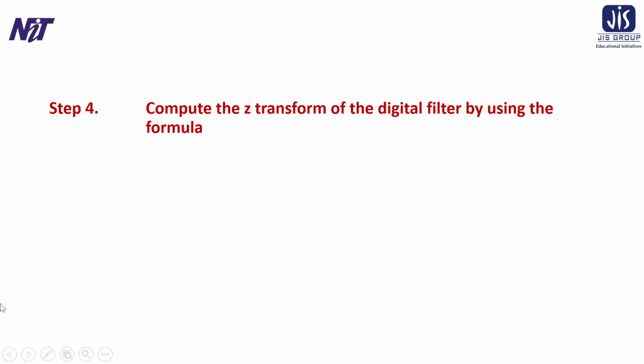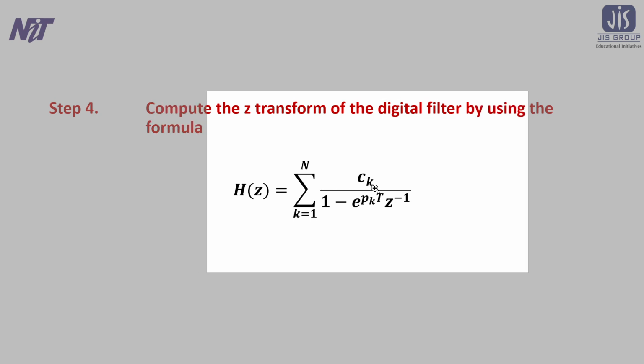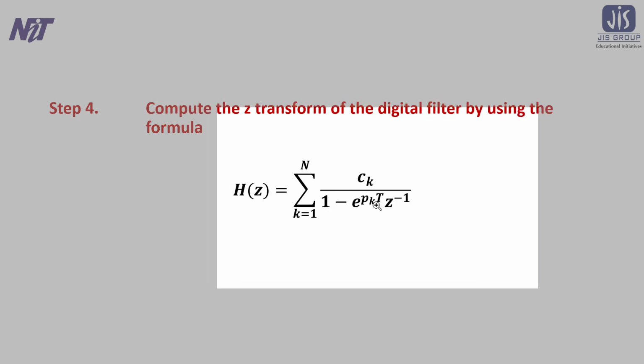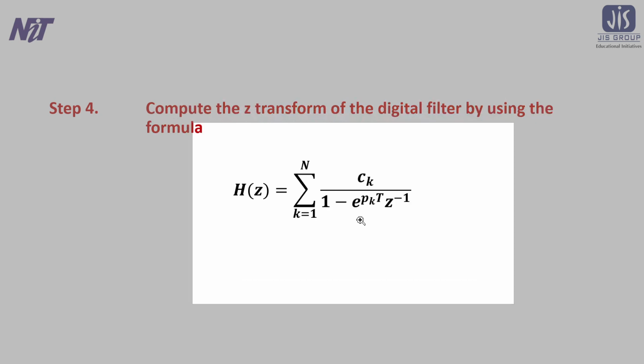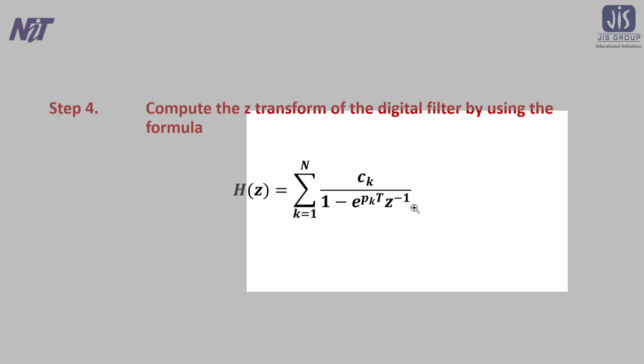Step 4. Compute the Z transform of the digital filter by using the formula, that is H(z) equals the summation of k equals 1 to N of ck divided by 1 minus e to the power pk T into z to the power minus 1.